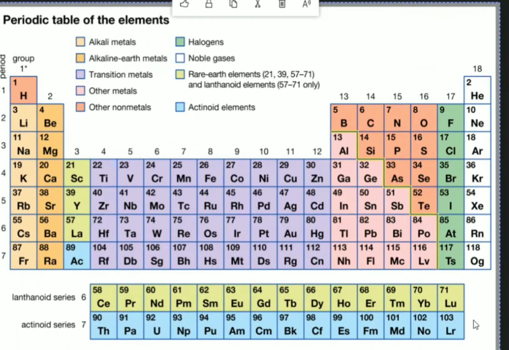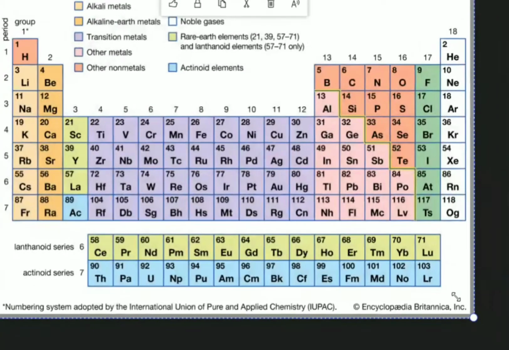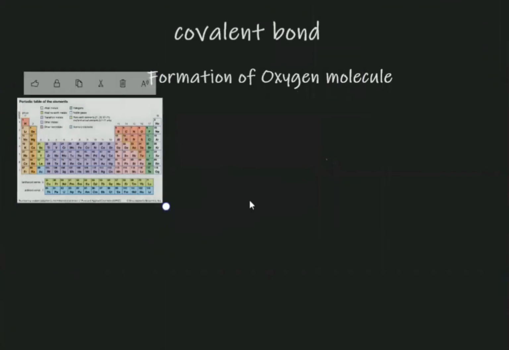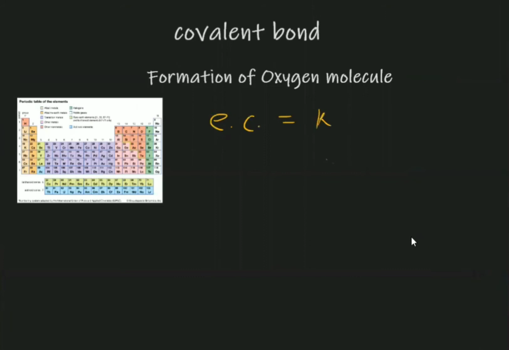So let's do the distribution of electrons in oxygen according to shells. I'm writing the electronic configuration of oxygen, which can be shown by K, L, M if required. The atomic number is 8.